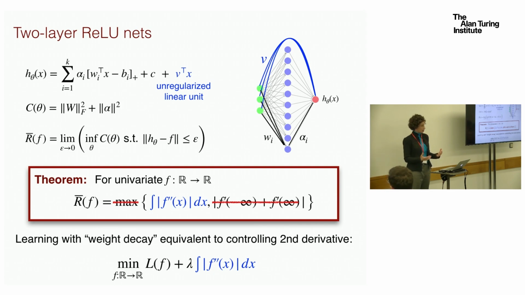Another way of saying this is that if I have a two-layer ReLU network, and I want to fit data from a one-dimensional function, so 1D inputs to 1D outputs, then learning that function where I do some regularization on the neural network weights is equivalent to, in function space, regularizing on the smoothness of the function in terms of the second derivative's L1 norm.